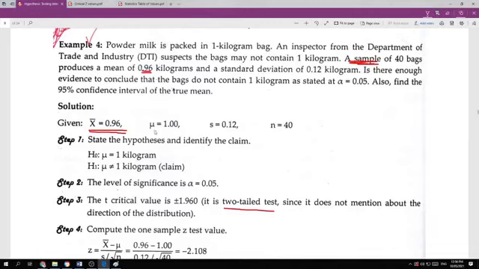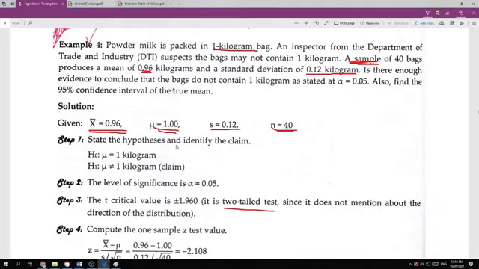Now, what is 1 kilogram here? It's the population mean. Okay? The standard deviation of the sample is 0.12 kilogram. And your sample size is 40 bags.